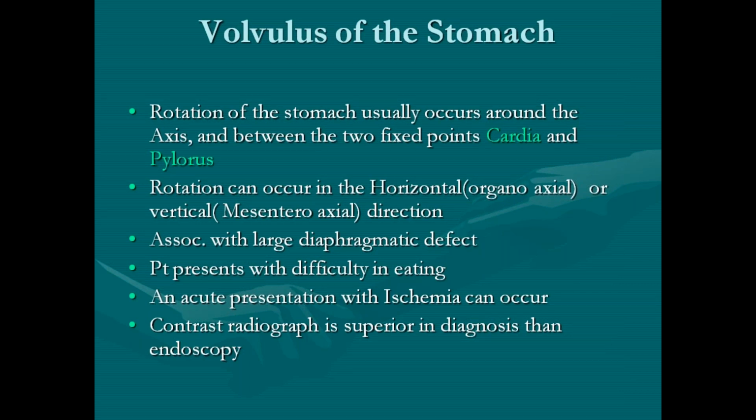So these are all the different causes of gastric outlet obstruction. One is congenital. Second is adult pyloric stenosis. Next is peptic ulcer, that is chronic duodenal ulcer. The most common causes are chronic duodenal ulcer and gastric malignancy.